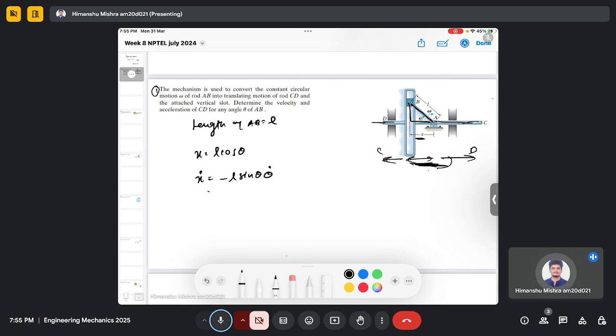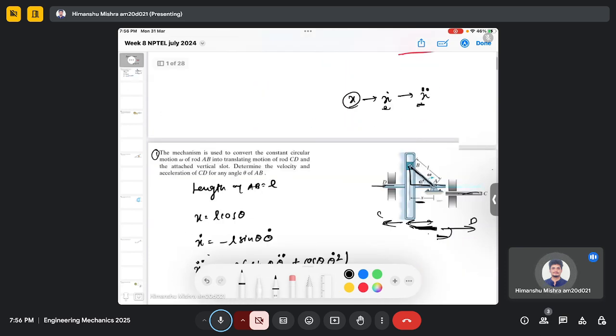This is my velocity of CD. If I take the double derivative, then I will have minus L, sine theta, theta double dot plus cos theta, theta dot square.